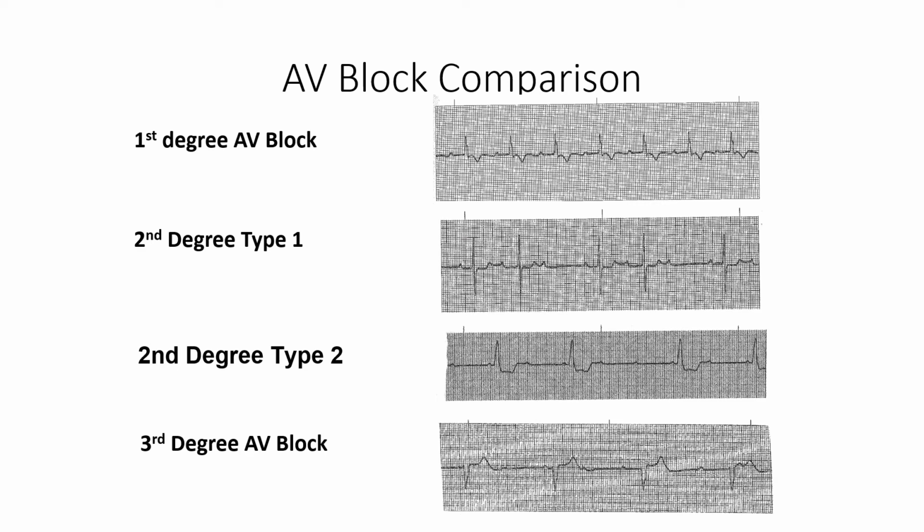It can be irregular or regular depending on how many P's to each QRS. The one key thing to remember with second degree type 2 is that your PR interval is constant. In third degree AV block, your R to R is regular and your PR is not constant. The PR is not measurable because the atrium is independent of the ventricles.